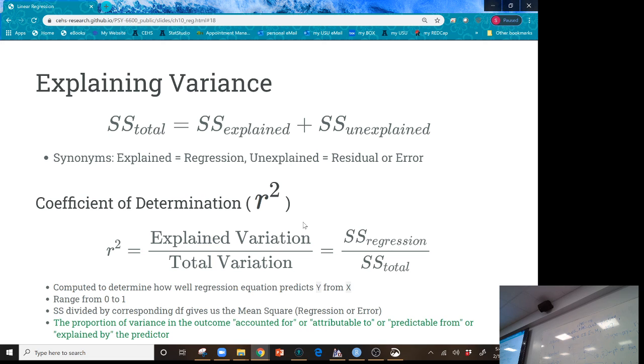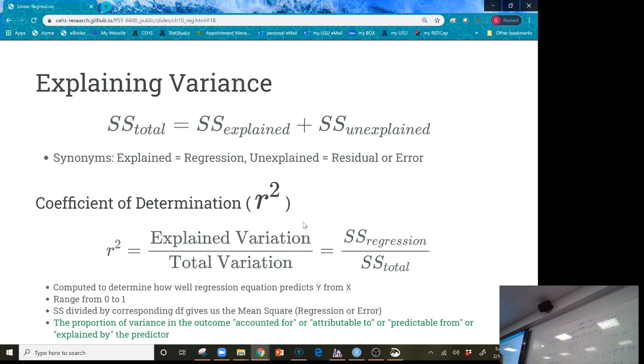Numerically, if R is 0.7, how do you get R squared? 0.7 times itself. So number-wise, that's how you do it. But when you square R, the correlation, that is called the coefficient of determination. Sounds important, doesn't it? It is the fraction of variance that is explained.